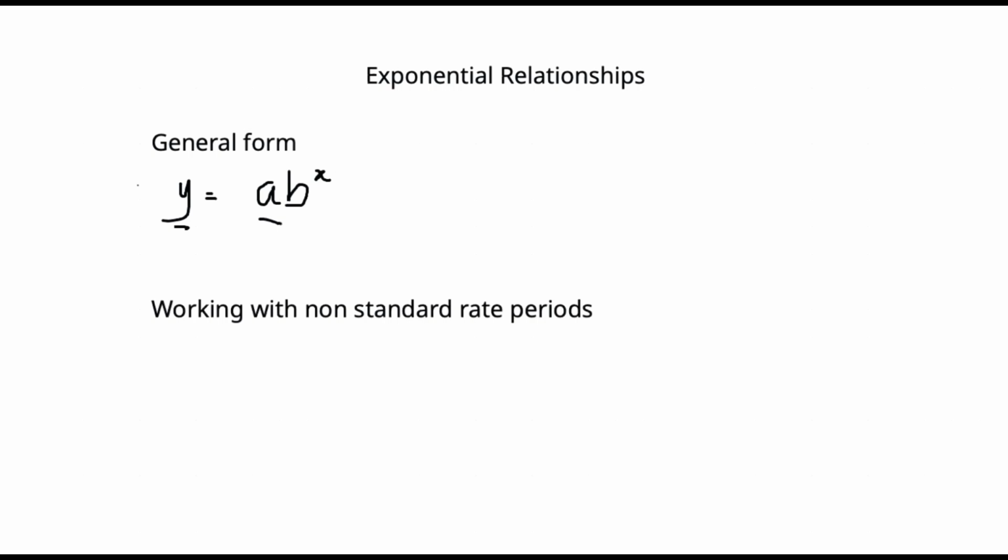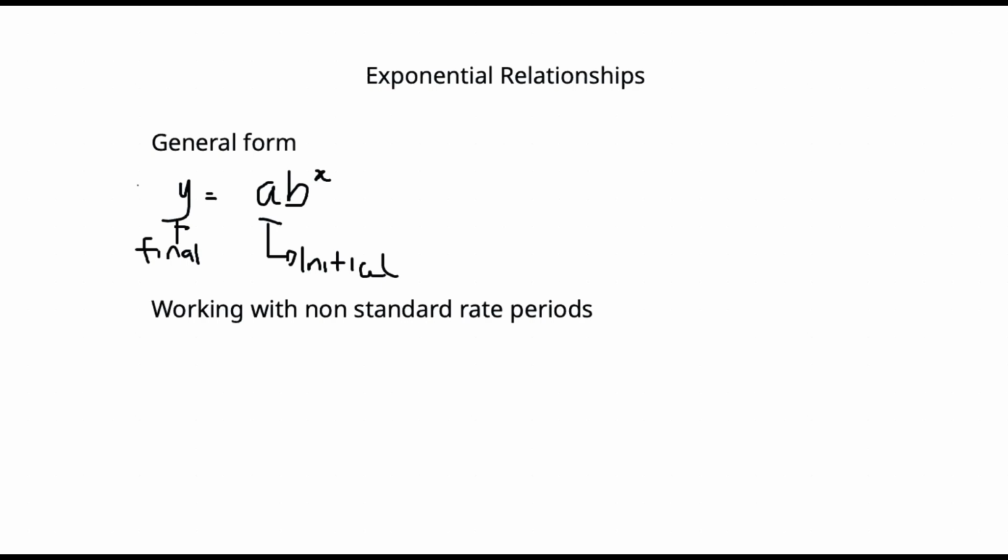So a here would be our initial value. Then this is your final value. So y will be your final. Then the b is the value by which your initial value is multiplied.